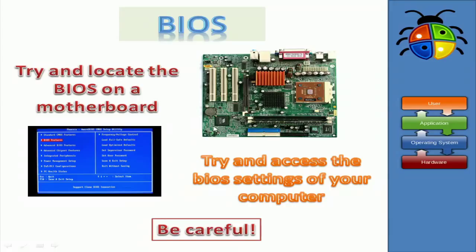So while it predominantly starts in ROM, there might be other parts that are flexible to some extent. Again, if you're going to go into this, you do so at your own risk, and be careful. Don't change things unless you're sure that it's something that you can actually reverse or that you want to change. So please be very careful with that one.